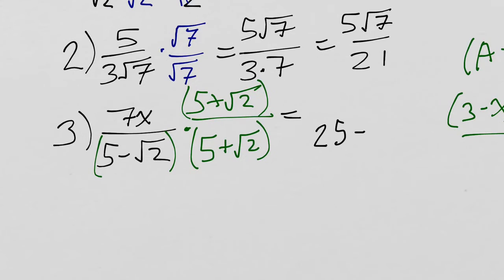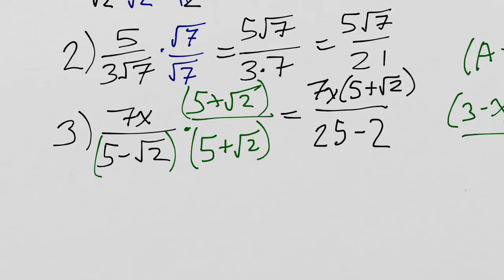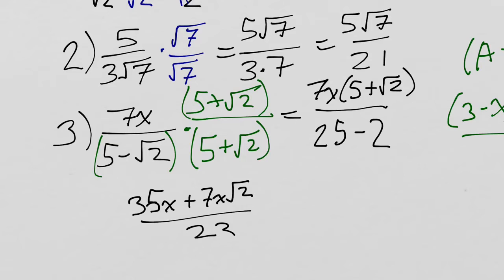So 25 minus 2. Of course, on the top, I'm still going to have that 7x times 5 plus the square root of 2, which isn't going to look like anything nice. But the bottom is just going to end up being 25 minus 2, which is actually 23. So my answer is going to be 35x plus 7x square root of 2 over 23.